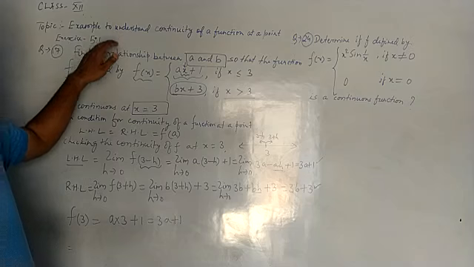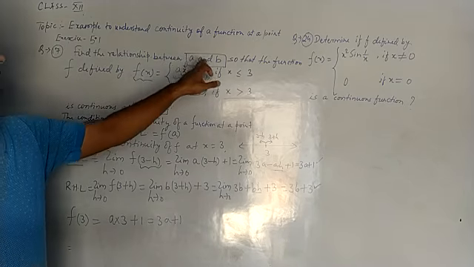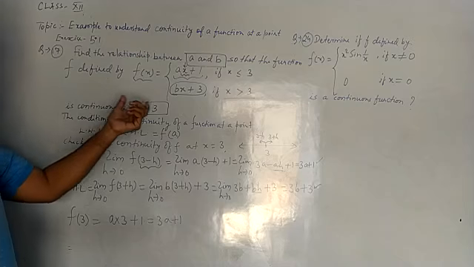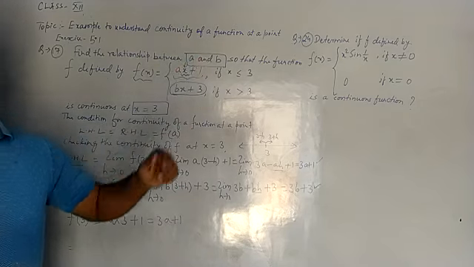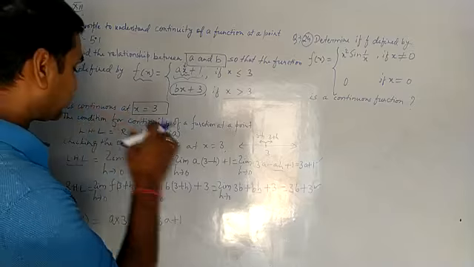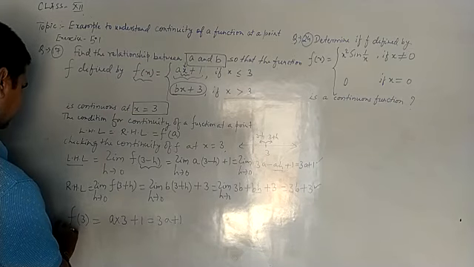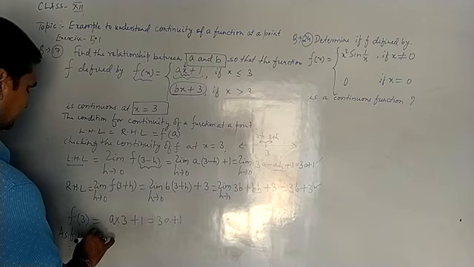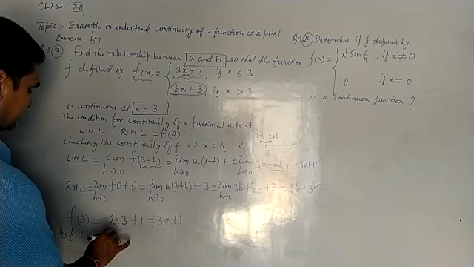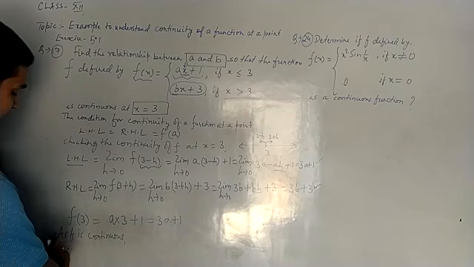But as it is declared in the question, for what relationship between a and b this function is continuous, means function is continuous. Now we need to search the relationship between a and b. So if a function is continuous, we may write f or fx, both.